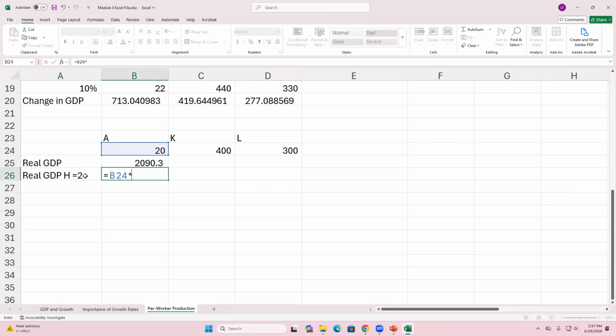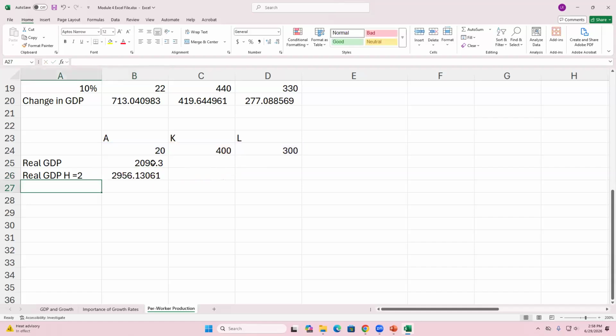We take total factor productivity times capital to the 0.3, times labor to the 0.3. But now we're factoring in human capital, so this is now going to get multiplied by 2. We would then take that product to the 0.5 power. So hopefully, if we're paying attention to what we said before, increases in human capital should increase our real GDP, even if labor and physical capital stay the same. Sure enough, our new GDP is higher.